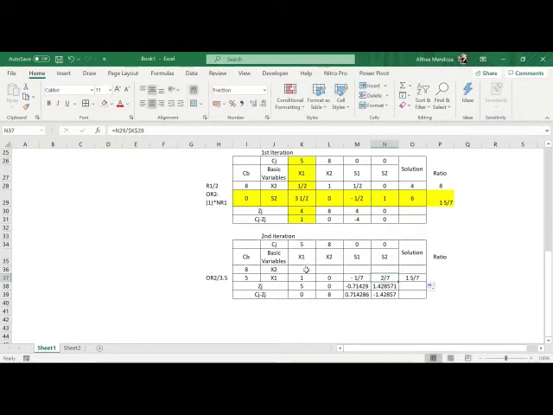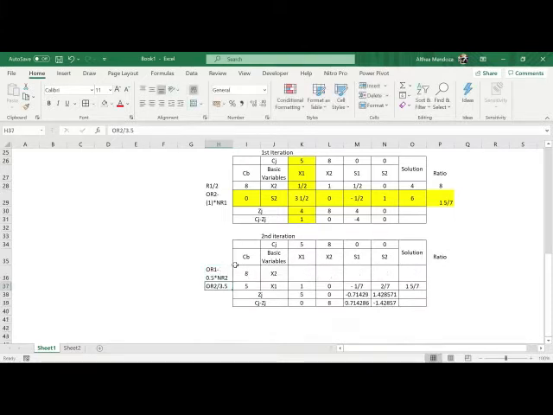Next, the formula for R1. Old R1 minus the constant of old R1 that sits across your pivot element. That would be 0.5, since it's 1/2, times new row 2.